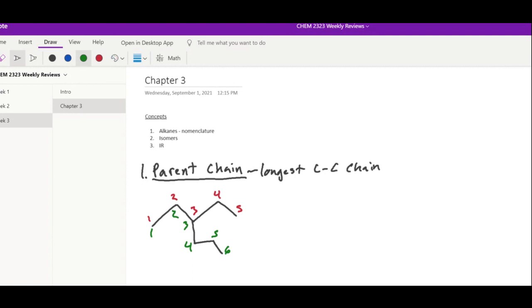Notice how going bottom, you get 1 extra carbon, and that's going to be your longest chain. Something to keep in mind is once you found your longest chain, you can also technically count backwards. And there are rules depending on which direction you count.